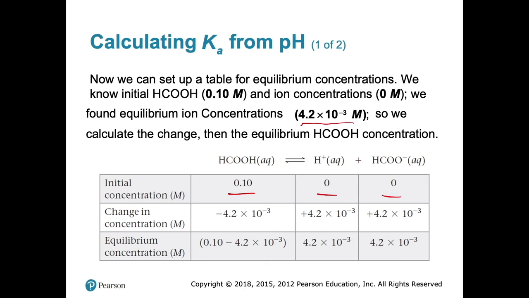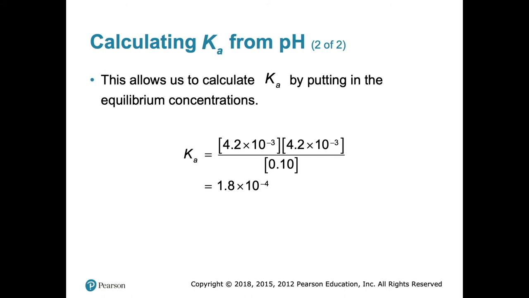Once you get those equilibrium concentrations, all you have to do is put it all together in the Ka expression, right? 4.2 times 10 to the negative 3 times 4.2 times 10 to the negative 3. This was the hydronium ion concentration. This was the formate ion, right?